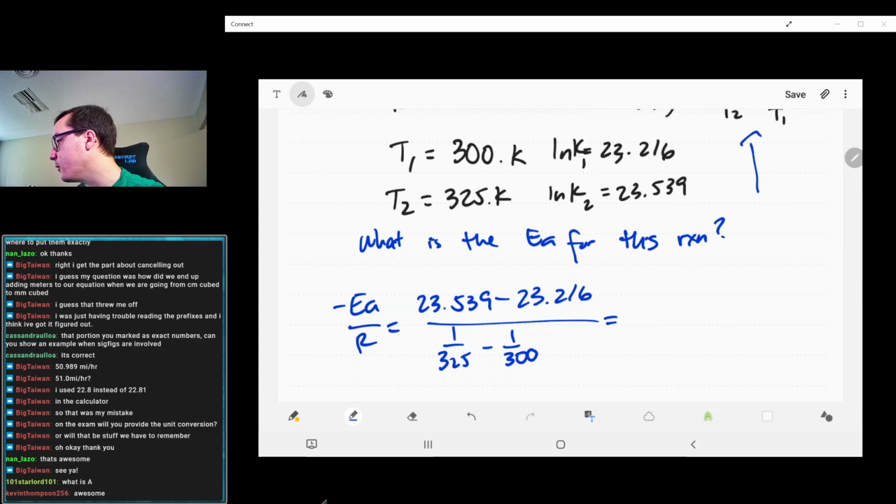Doing this, I don't know why I just closed the book because now I actually have to do the math. Let's do it. All right, so 23.539. Go ahead, Kevin, do it also. 216. That divided by parentheses. I guess we'll need multiple parentheses here. 1 over 300. I hope I got the right answer.